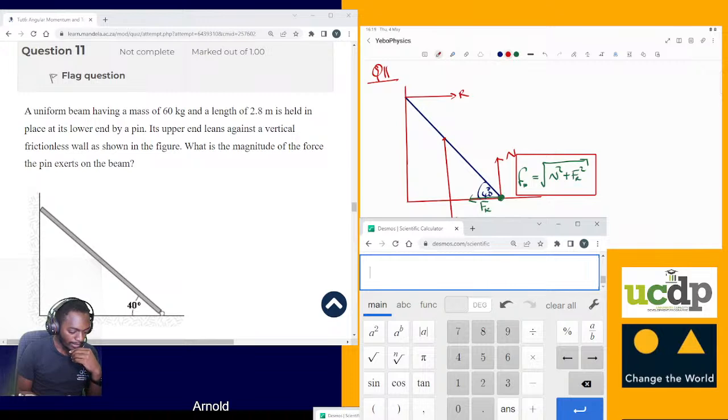But now let's remember, what is the angle here?